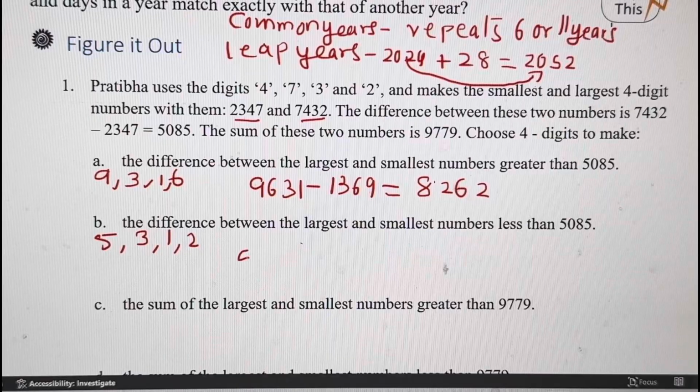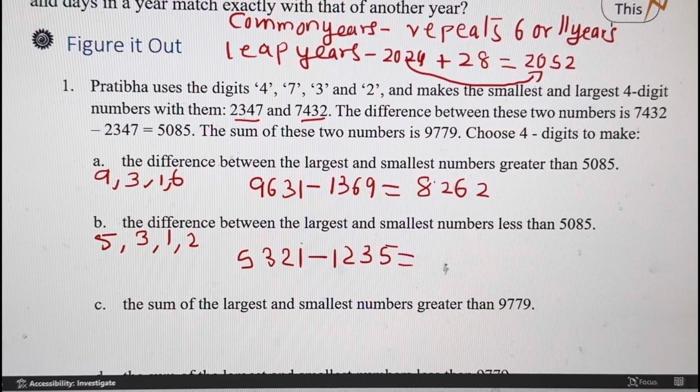The largest number formed will be 5321, and the smallest will be 1235. The difference between both is 4086, which is less than 5085. Again, instead of 5, you can choose 4. But you should not choose a largest digit more than 6 or 7, otherwise you may not get a difference less than 5085. Otherwise, there are many possible answers.